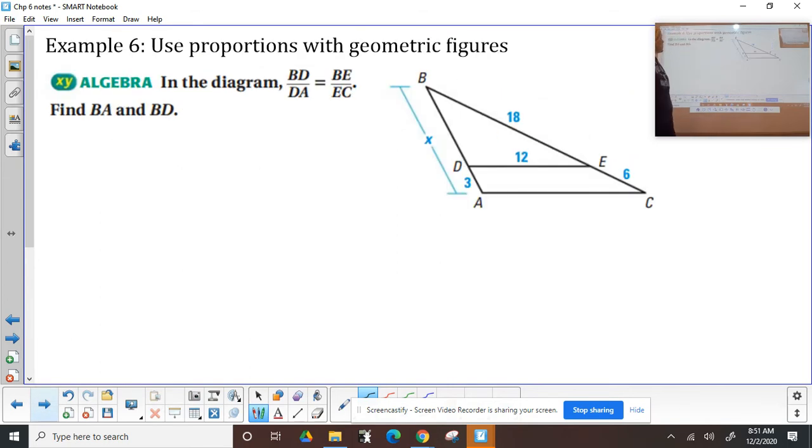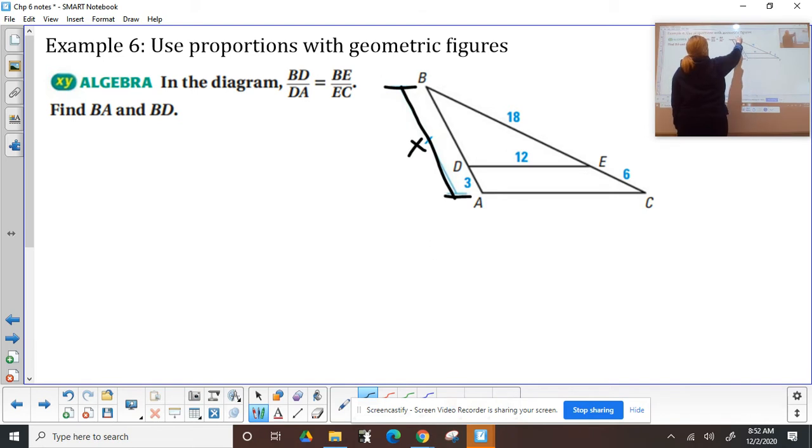The next example we did has using proportions with geometric figures. Here they're just setting up a different ratio. We talked about in class that when they give us an entire length, like this is x, and we need to find the smaller length, we're going to subtract the whole minus the part that they give us.